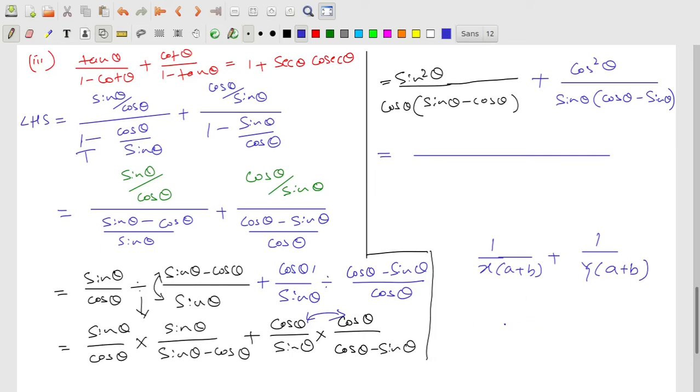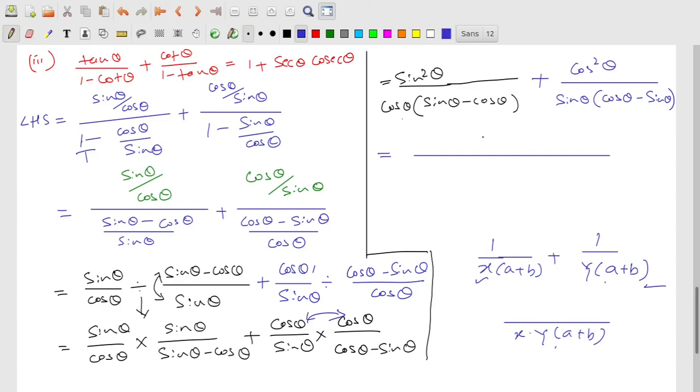Your LCM will be x into y into a plus b, because the LCM must be a multiple of these two terms. If I multiply y with this term, I will get this expression, and if I multiply x with this term, I will get the same expression, right? So now just compare these two. This is your x, a plus b, this is your y, a plus b. Then what would be the LCM here?